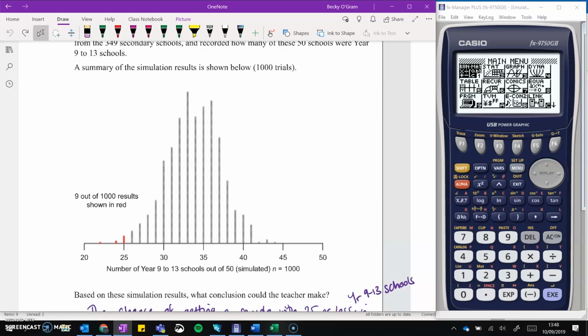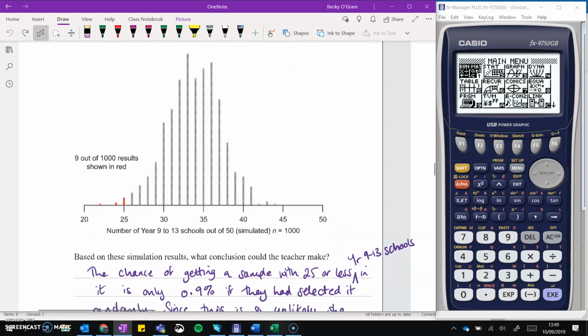So this bar, for example, is the number of those samples that contained 30 out of the 50 that were year 9 to 13 schools. And you can see most of the time they're getting to around that proportion of, say, 33 to 36-ish schools that are the year 9 to 13 group.